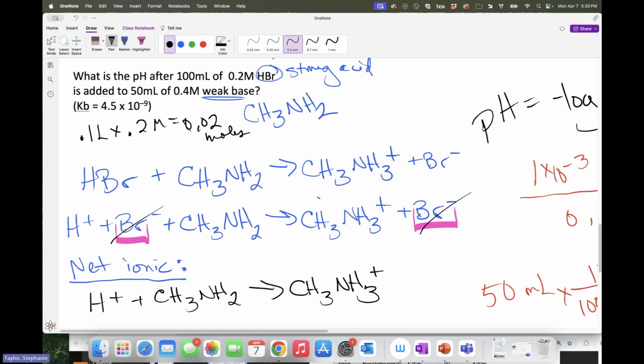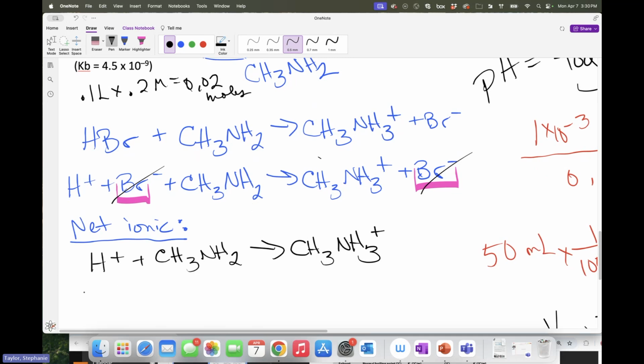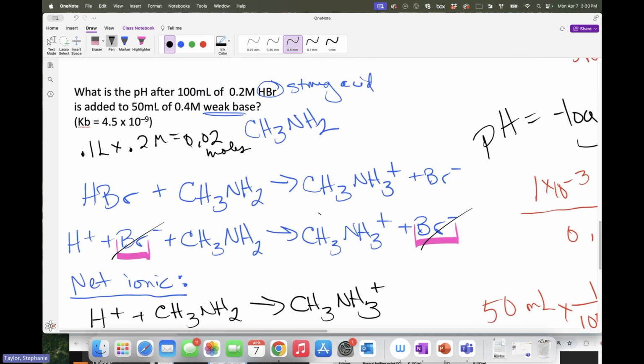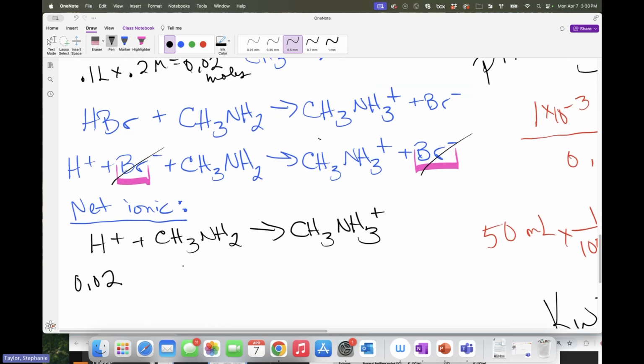So my strong acid has 0.02 moles, and my weak base, even though it's different numbers, 0.05 liters times 0.4 molar also gets me 0.02 moles. Beginning of the problem, I don't have any of that conjugate species.